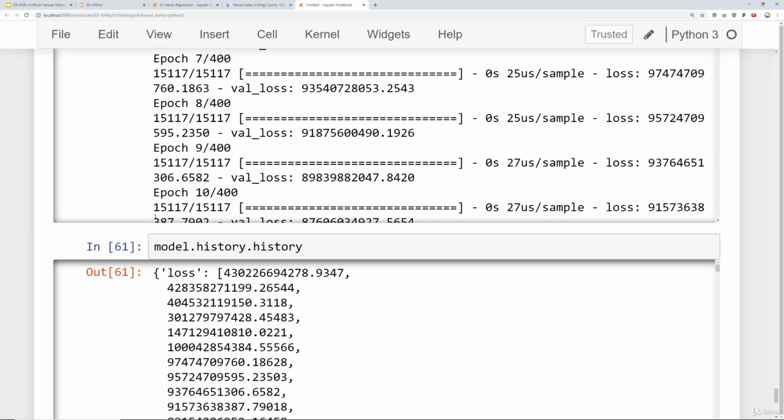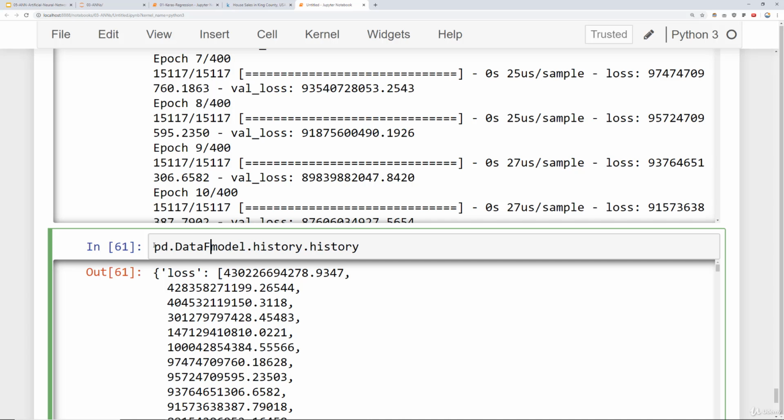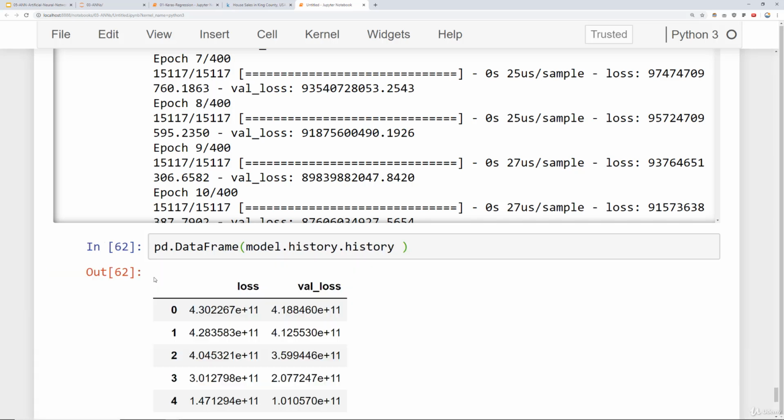However, because we passed in the validation data tuple, when I convert this to a data frame, I not just get my loss on my training set, but also this other variable called val_loss. And this is my loss on that test set, that validation data. Now I can directly compare the loss on training versus the loss on test or validation in order to see if I'm overfitting to the training data on my model.